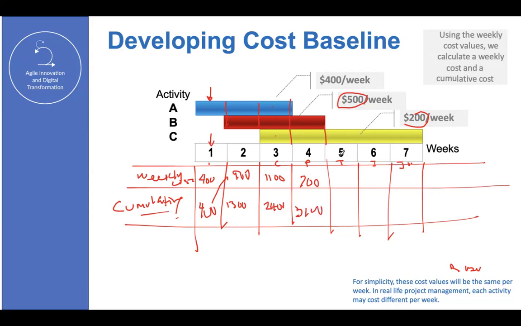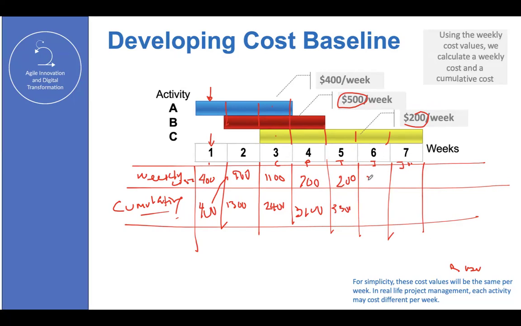Miss Taina, this is straightforward. Just one activity here. How much is the weekly cost on week number 5? 200. Yes, very cheap. And cumulative will be 33. Yes, 33. Mr. George, how much is the weekly cost on week number 6?